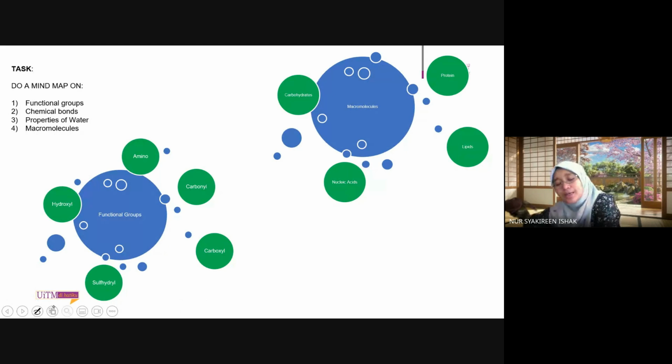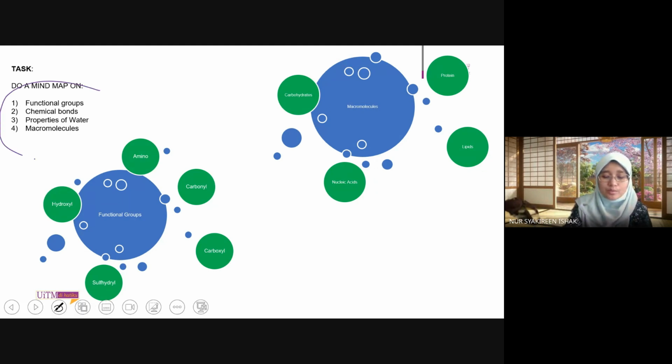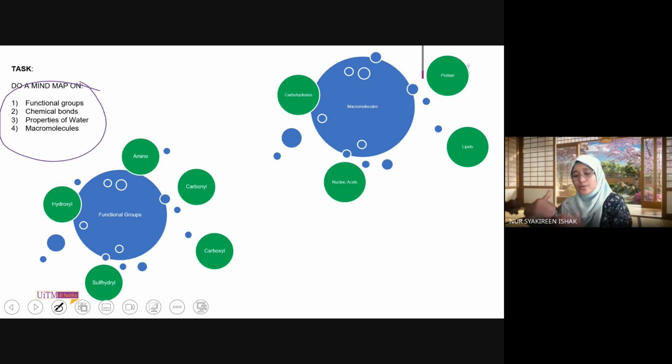So that's all for chapter 3. We have covered all the macromolecules, from the beginning: the different types of chemical bonds, the functional groups, the water parts, and all the different macromolecules. I want you to go through each part of your notes and do a mind map on each component we have looked at for this chapter.